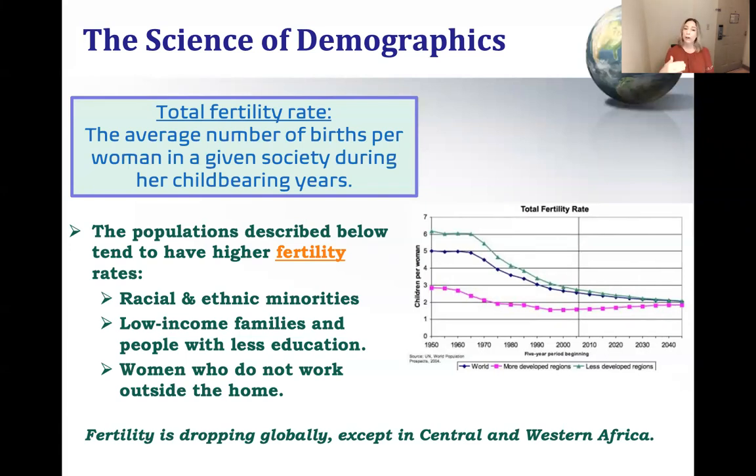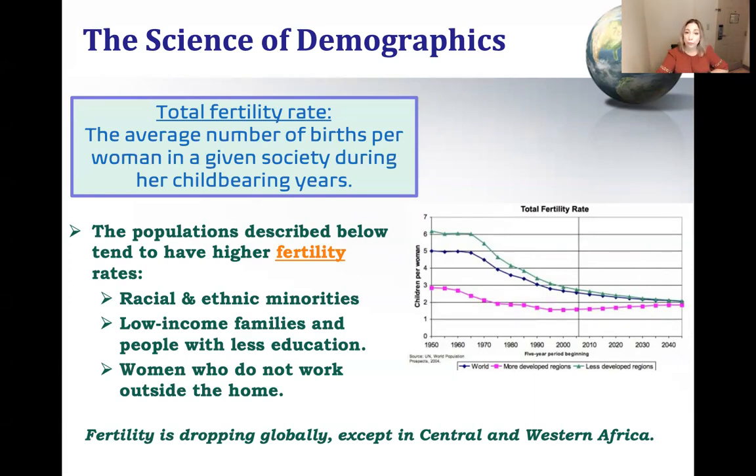So the trend, and I'm not saying whether this is good or bad, this is just what the data shows. Racial and ethnic minorities tend to have higher fertility rates. Low-income families or families with a lower level of education tend to have higher fertility rates. And then finally, women who stay at home instead of being out in the workforce also tend to have more children.